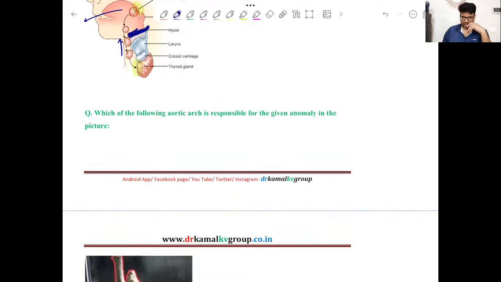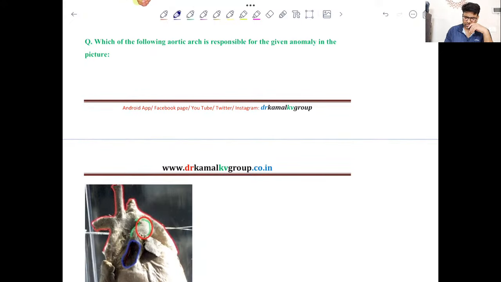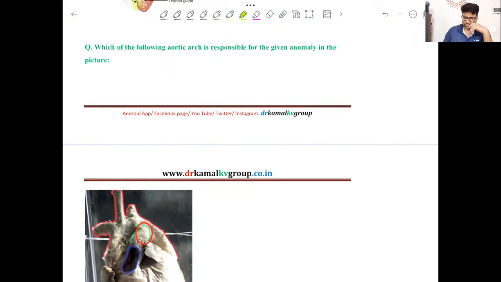Now the next question is very beautifully framed. There was an anomaly given in the picture, and it was asked which aortic arch artery is responsible.